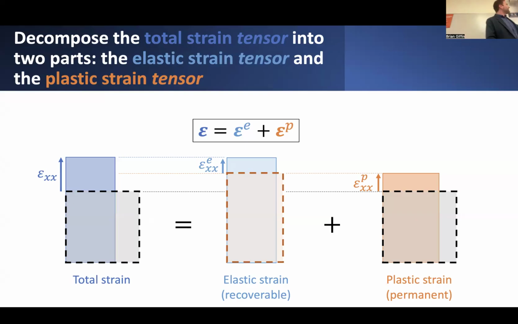However, if you were to deform this chunk of material, originally a square, until it stretched out into this final configuration, and then remove whatever load you put on this assembly to let it spring back elastically, if some permanent deformation occurred, it wouldn't spring back to the original perfect square configuration. It would spring back to this permanently deformed configuration.